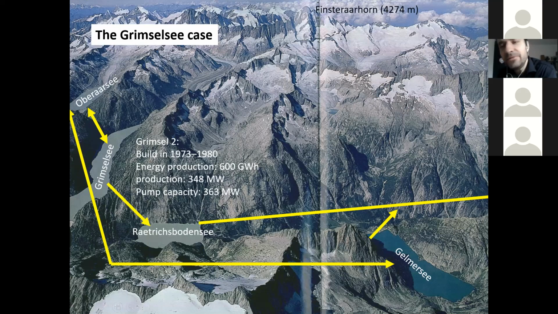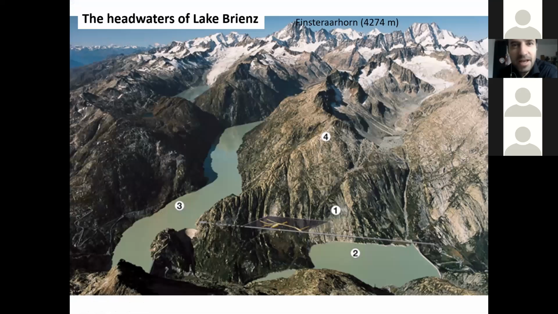So the altitude difference between the turbines and the reservoir is also quite high. This is why you reach this high capacity, almost comparable to a nuclear power plant, simply by the high altitude difference between the reservoirs and the turbines.